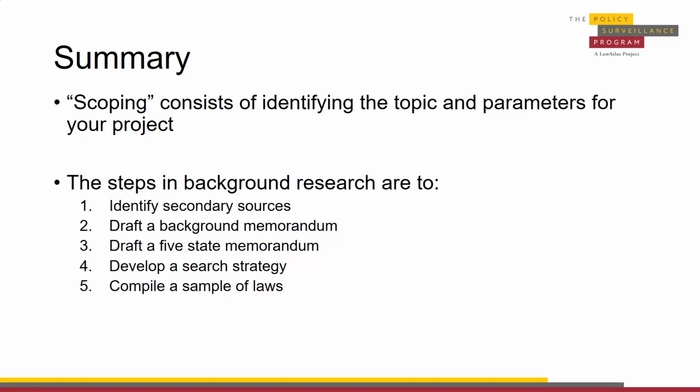We then want to develop and record a search strategy, meaning, as we discussed, how you found the specific laws, what language we use, what databases we use, what search engines we use, and then finally compile a sample of laws. This is done as part of the policy memo. But basically, by compiling the sample of laws and legal text, we'll have a much better idea of what the law says and how it is structured going forward.